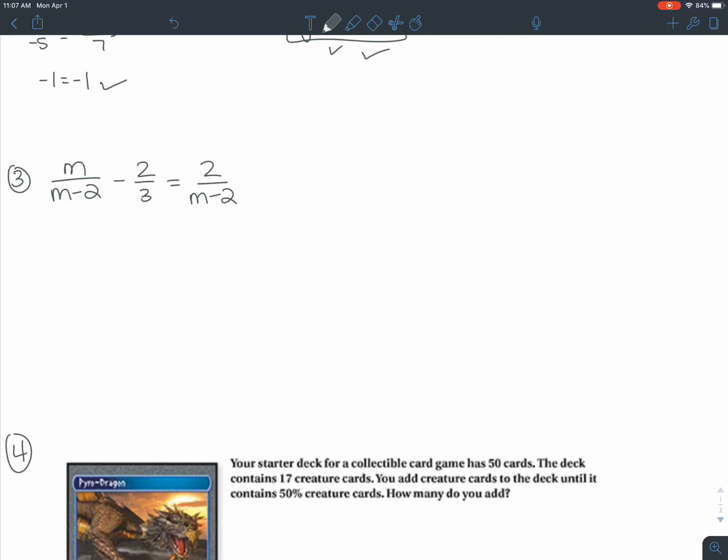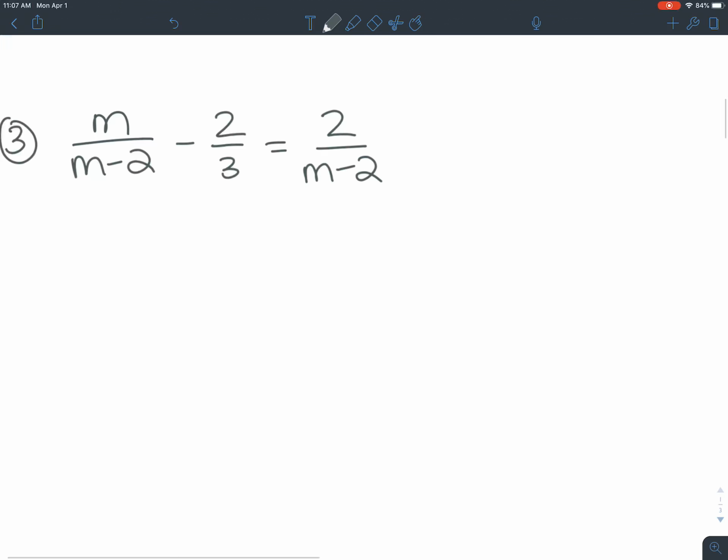Now the trick is when we have a problem where we don't have a common denominator on one side. So we could make a common denominator, or we could actually recognize that m minus 2 and m minus 2, they already have the same denominator.